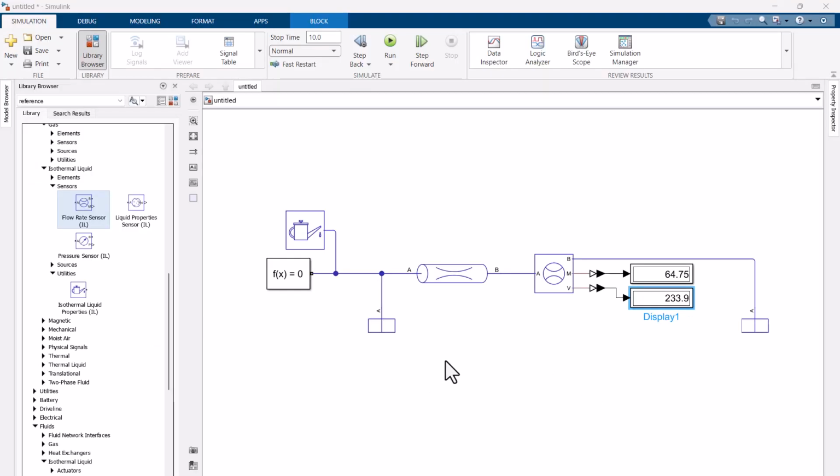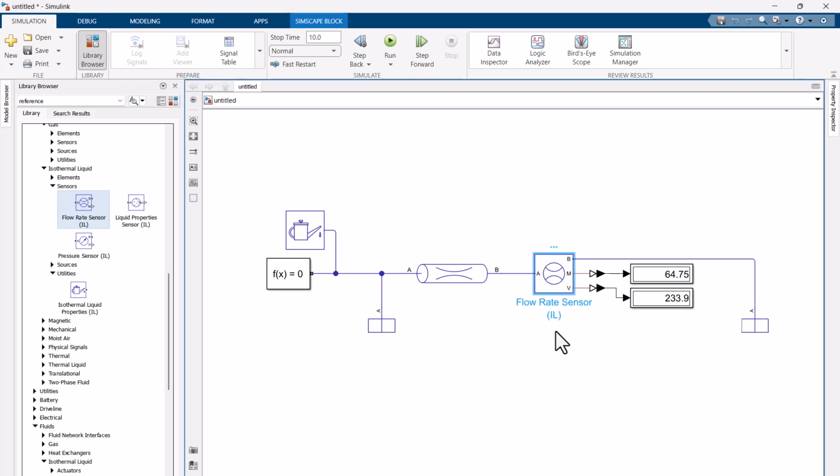One point I want you to know is that neither this sensor nor any of the other sensors that I'm going to talk about will have any effect on the simulation results. This flow rate sensor is an ideal flow rate sensor. It exerts no pressure differential on the liquid, and it has zero resistance.